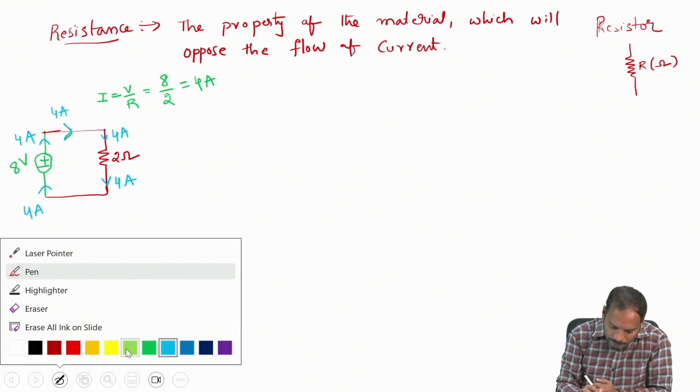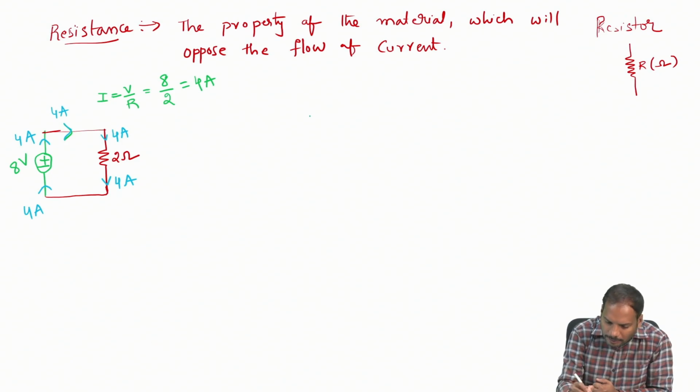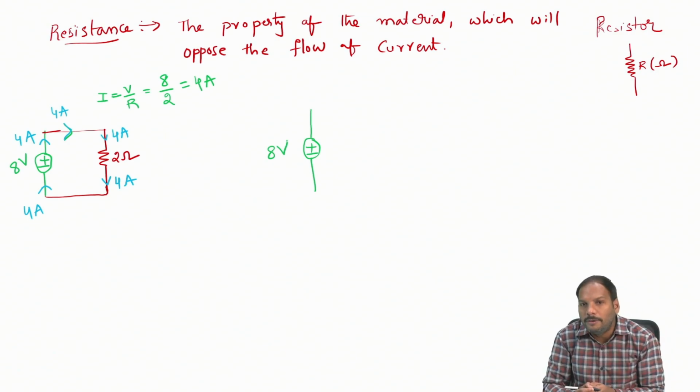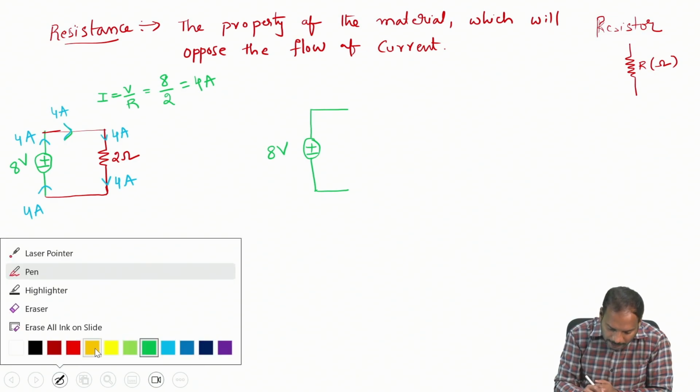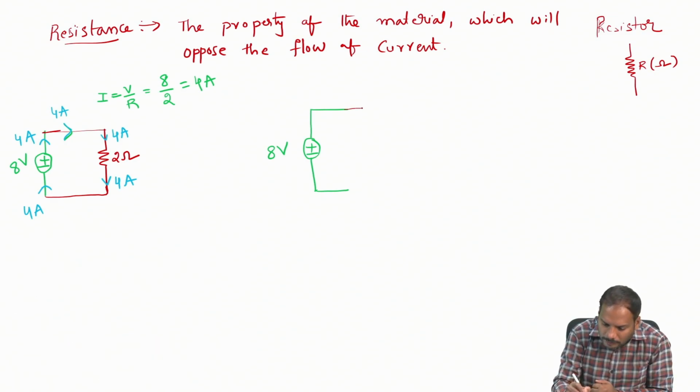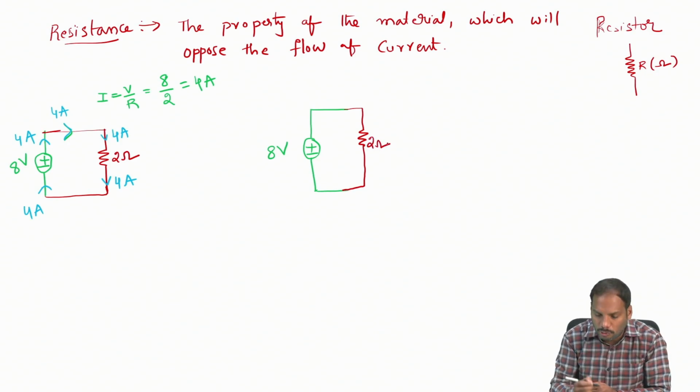The next example I consider is the same 8 volts battery. Now I connect two resistors in parallel. Let us consider this is one resistor, with a resistance value of 2 ohms.